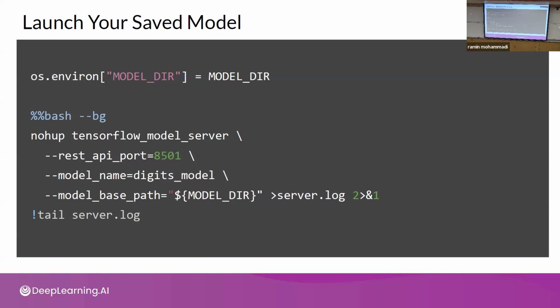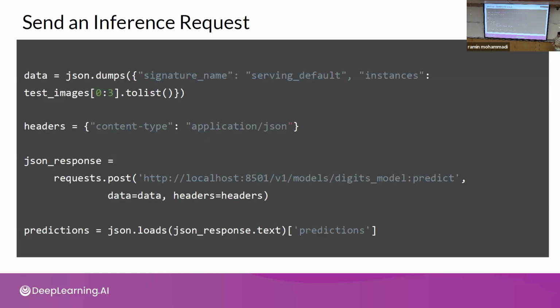Now if you want to make a call, all you need to do is send a request to the address with some header information. The header could be the content type, which is just application/JSON, simple as that. You send a request to the address where the model is being served. This model can be served on your local machine, on a VM in the cloud, on Cloud Run, or on Kubernetes.